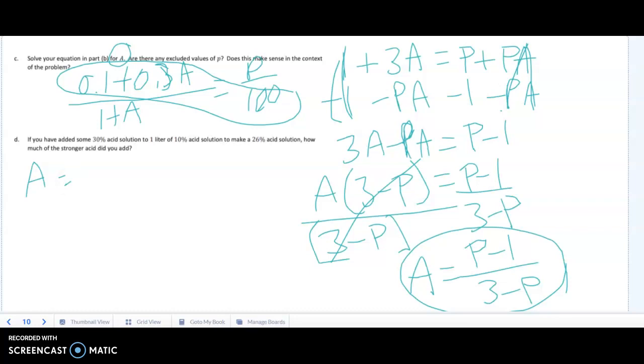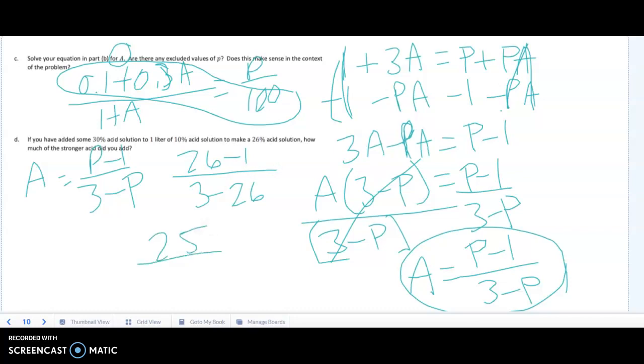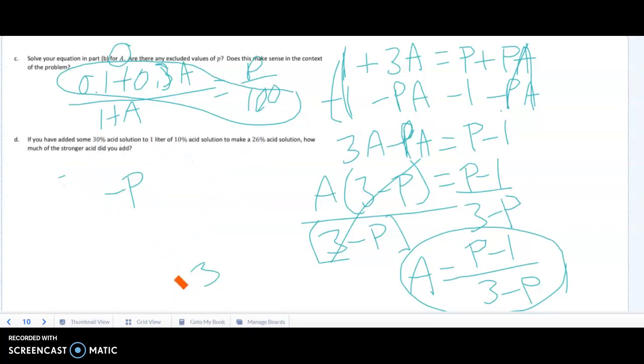We're going to have A equals P minus 1 over 3 minus P. P is 26 minus 1 over 3 minus 26. So that's going to be 25 over a negative 23. No, we can't do it like that. Not going to work out. Okay, let's just do what it says.